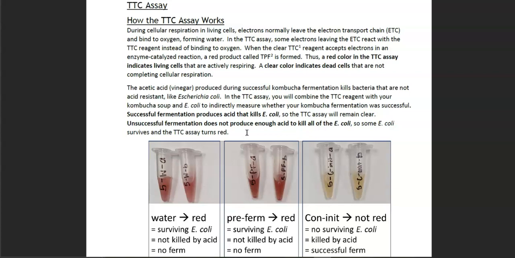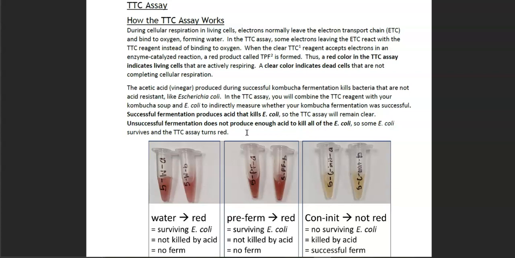All right, so the more red the sample tube, the better the E. coli are doing. So red is a measure of E. coli success. Since the E. coli are killed by the acid, the more red means less acid. Since the acid is made in your kombucha jar by the bacteria, acid is a measure of fermentation success.